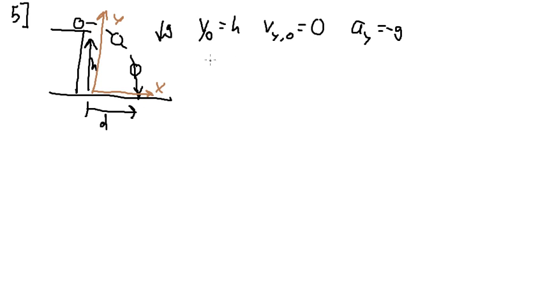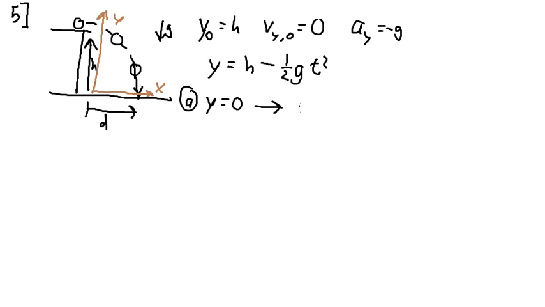So y equals h minus 1/2 g t squared. And then the ball hits the ground when y equals 0.